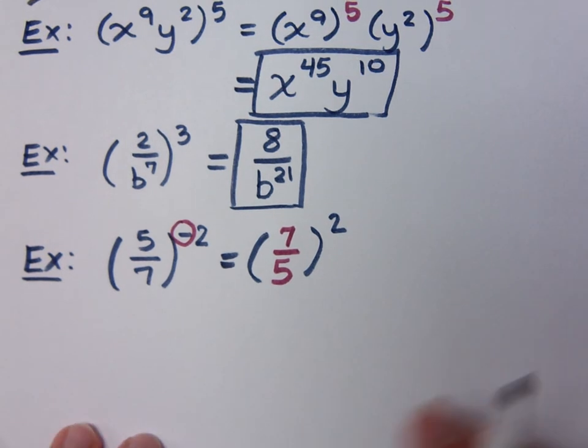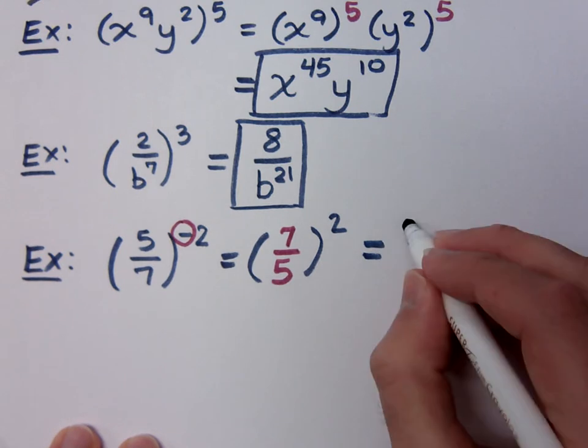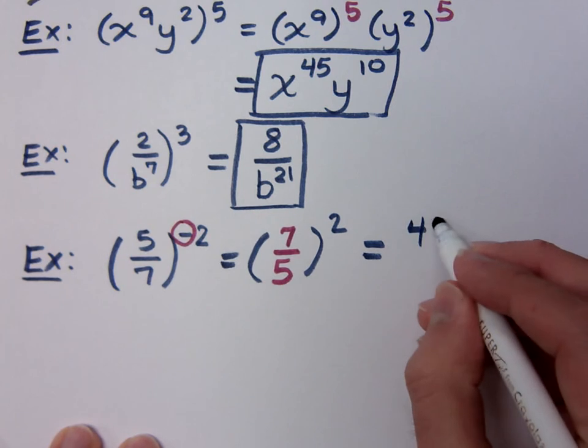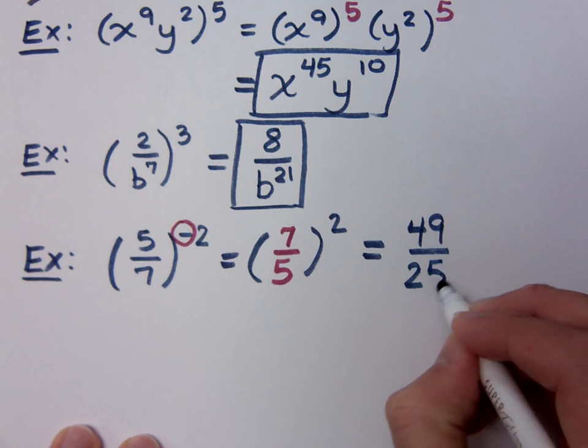And then you can just evaluate this, because what's 7 squared? 49 over what? 5 squared, which is 25.